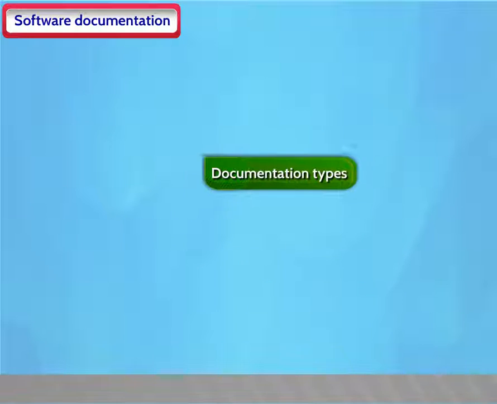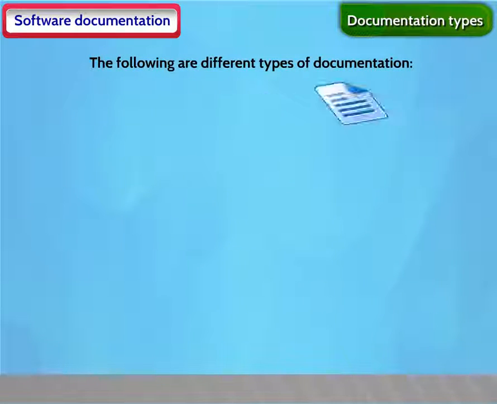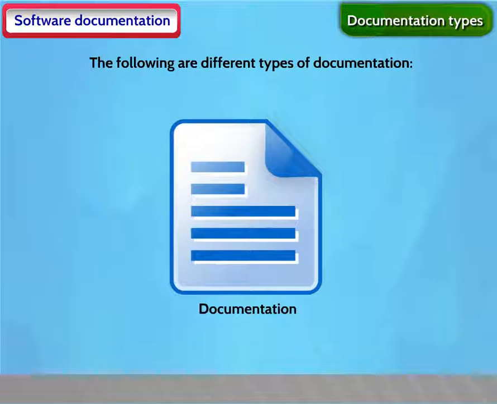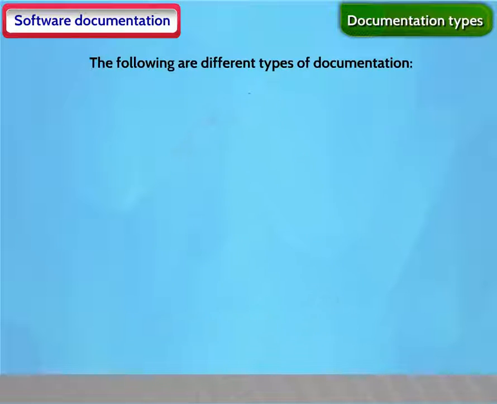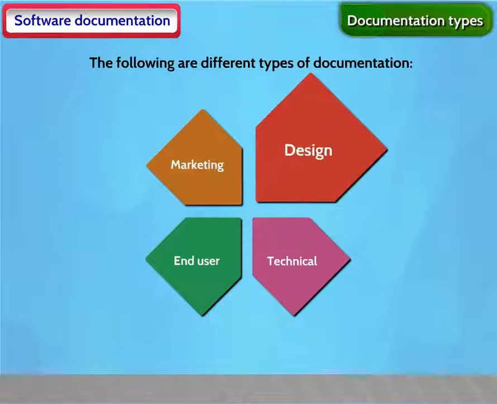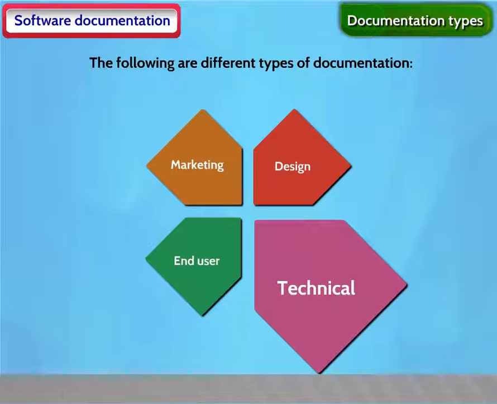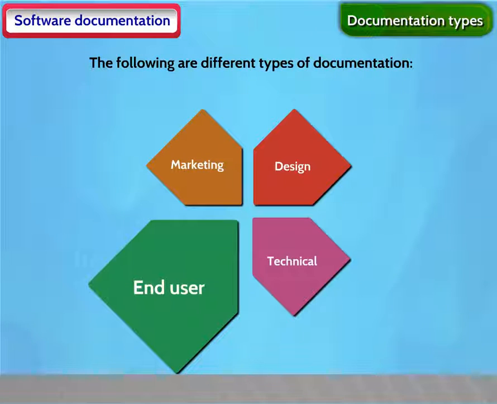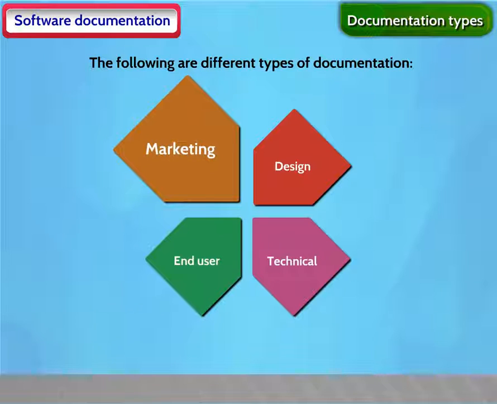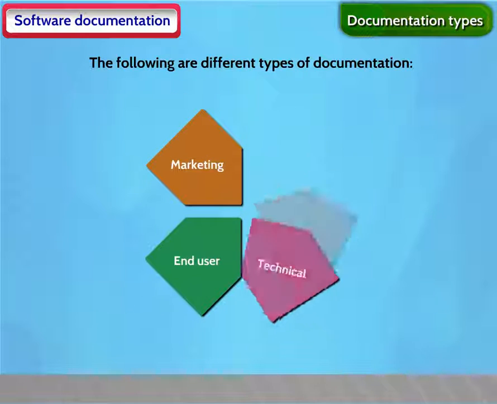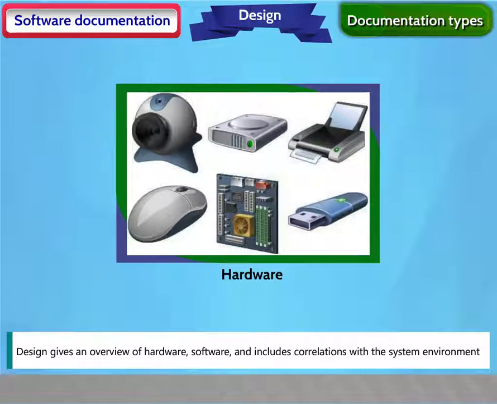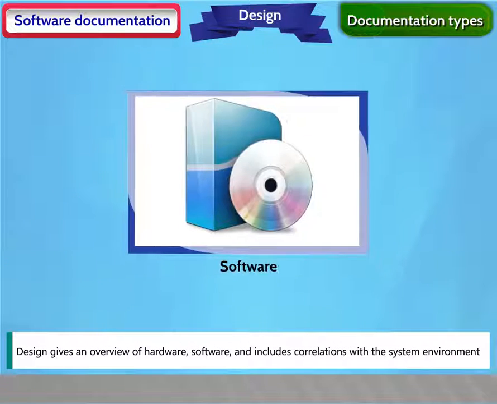Documentation types. The following are different types of documentation: design, technical, end user, marketing. Design gives an overview of hardware, software and includes correlations with the system environment.